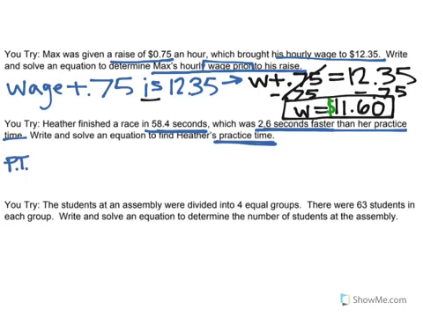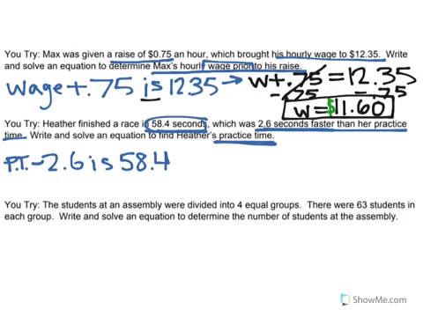So faster kind of tells us that we're going to take her practice time and subtract 2.6 seconds, and that would be equal to 58.4 seconds. So her practice time was actually slower than what she ended up running, and so that's how we know this.